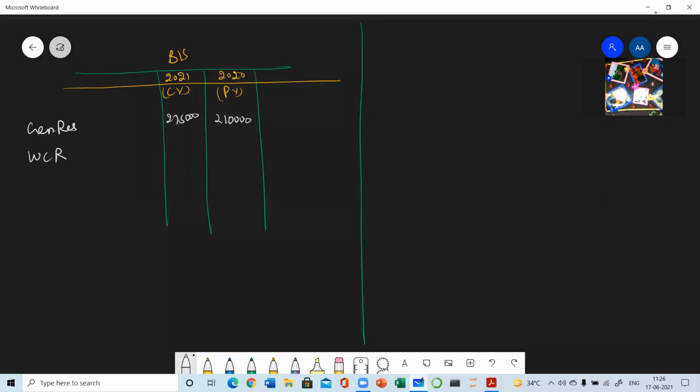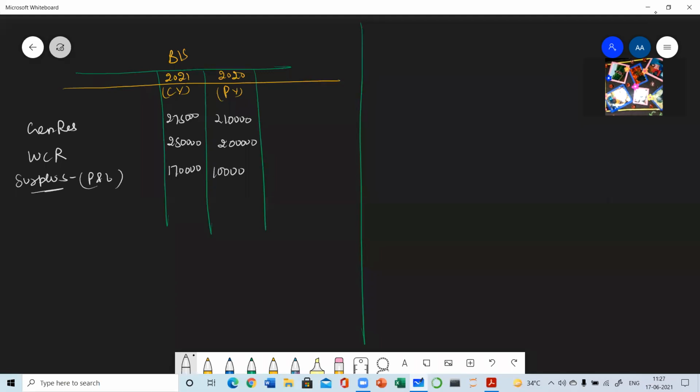Workmen compensation reserve 2,50,000 and 2 lakh. Then surplus. So surplus is the actual profit. To find out the profit, you need to consider this portion of the balance sheet. Surplus, that is balance in the statement of profit and loss account, which is 170 and 110.